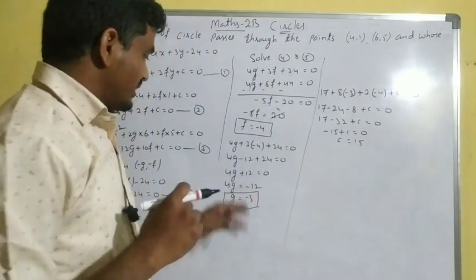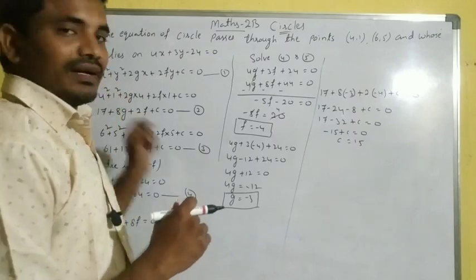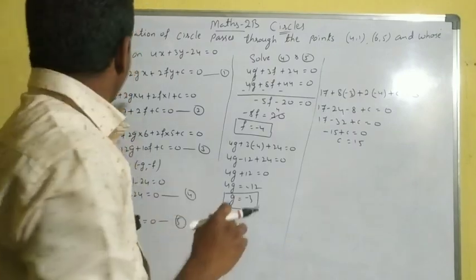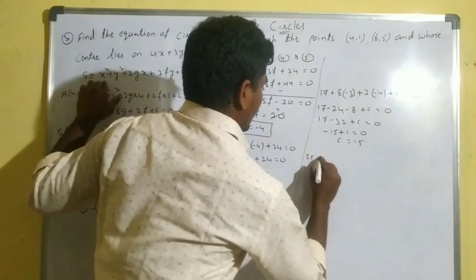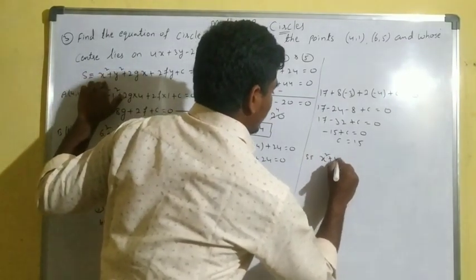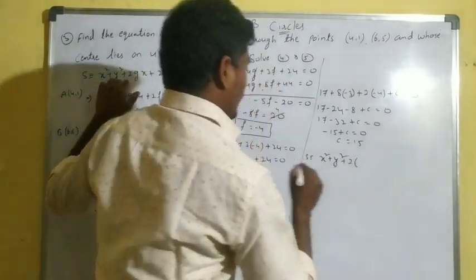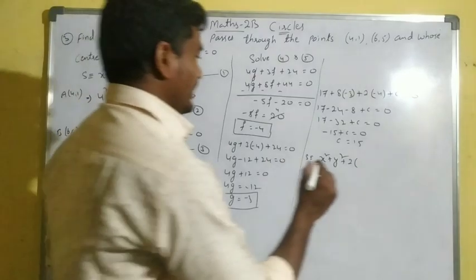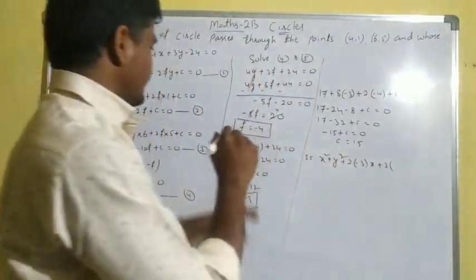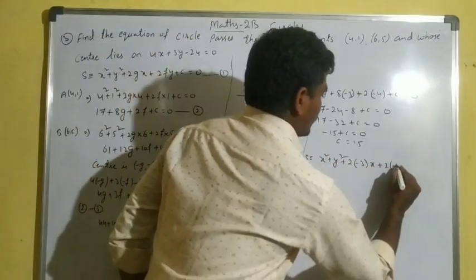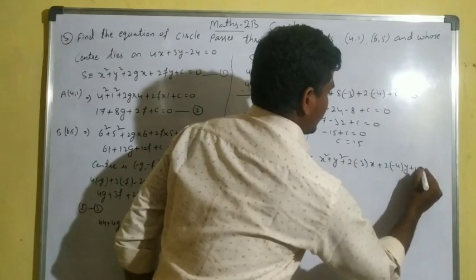By getting all the g, f, c values, you have to substitute in equation 1. You will get the required circle equation. S equals x square plus y square plus 2 of g, which is minus 3, of x, plus 2 of f, which is minus 4, y, and c, which is 15, equals 0.